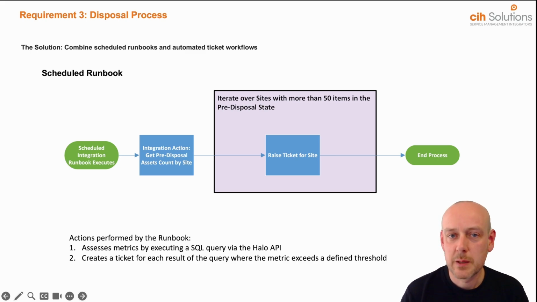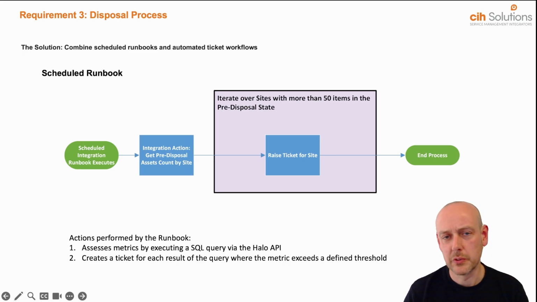The solution we came up with for this was first to create a report that drives the whole process. Now that report queries the CMDB for all assets that are in the pre-disposal state. Then it groups it by site, and there's also a criteria in there which prevents a site appearing if they have fewer than 50 items.